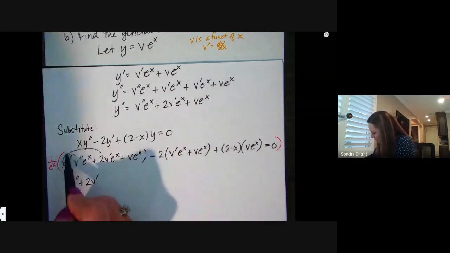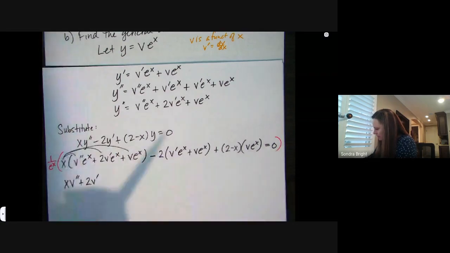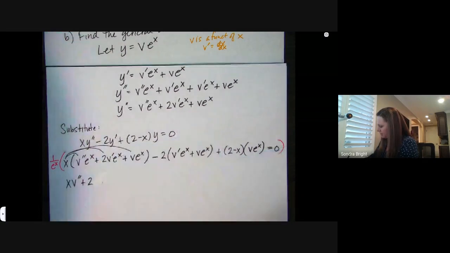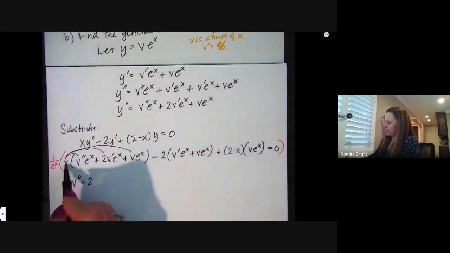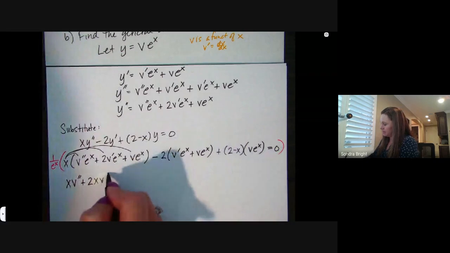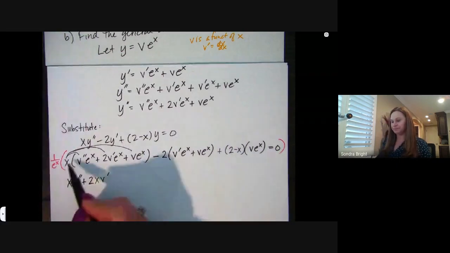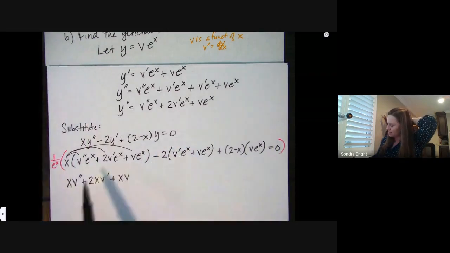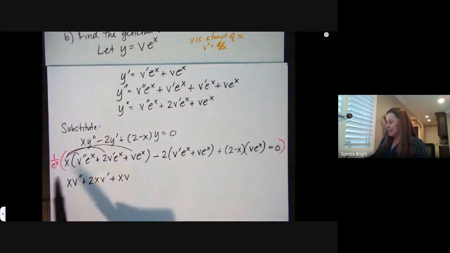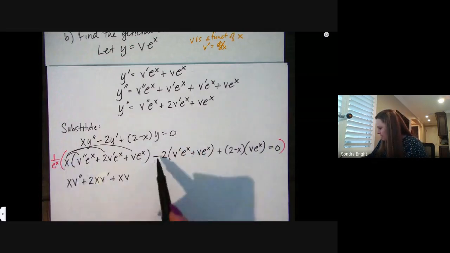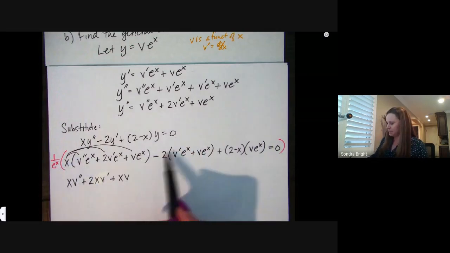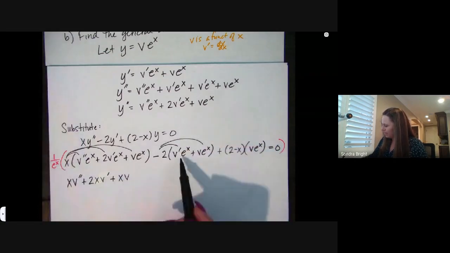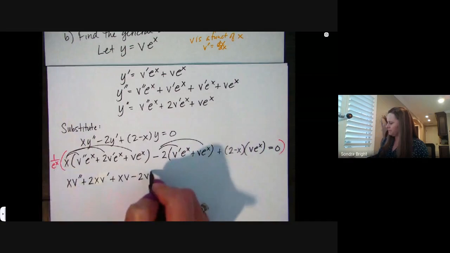So let me, I want my x in front of my v's. So 2 times x times v prime, and then plus x times v. That was this guy. I got rid of all the e to the x's, but distributed the x. Distribute a negative 2 into both of these, but I'm also dividing by e to the x, so I get rid of those. So I've got a minus 2v prime and a minus 2v.